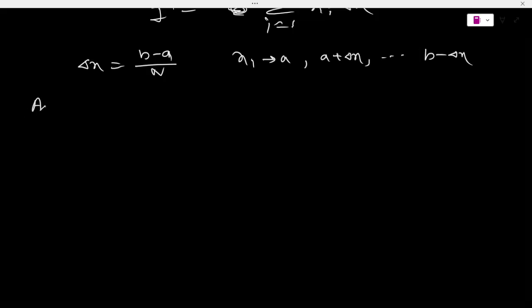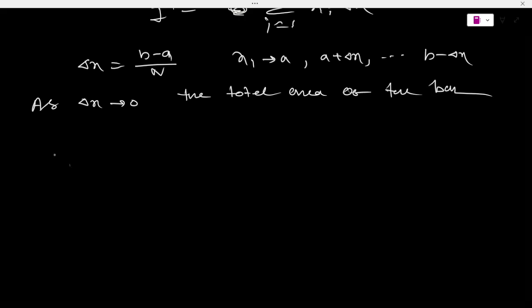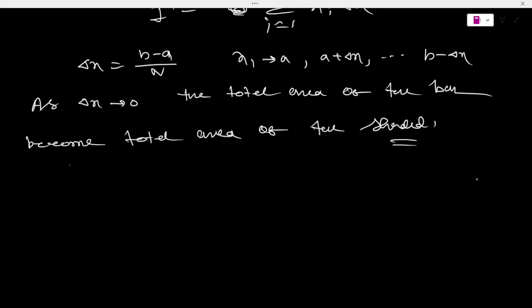So as Δx tends to 0, the total area of the bars becomes the area of the shaded region.